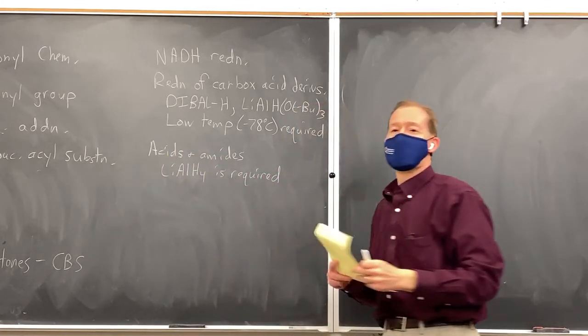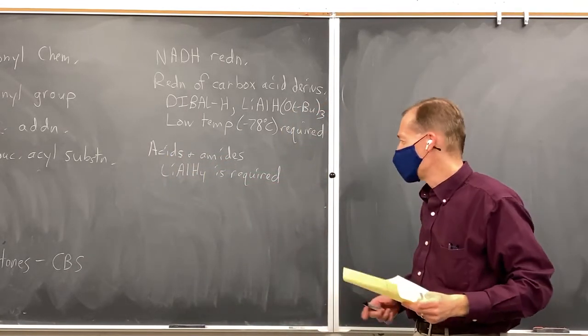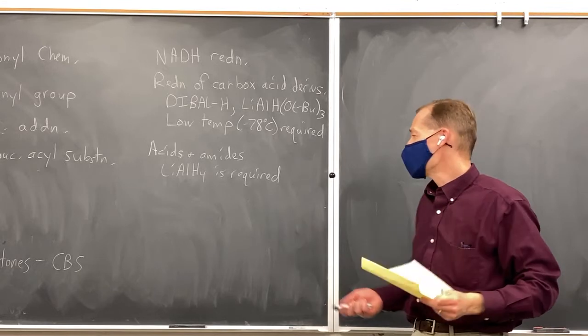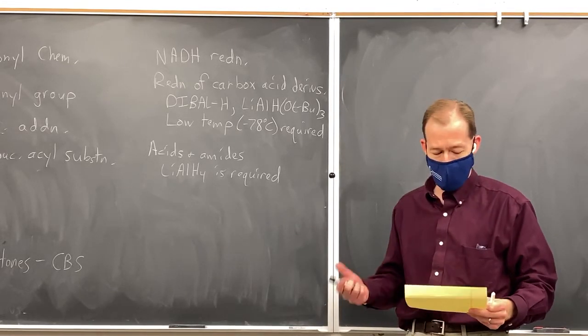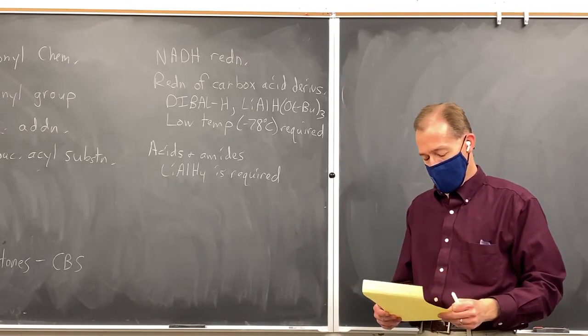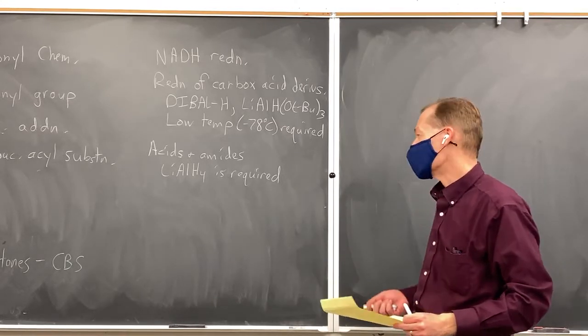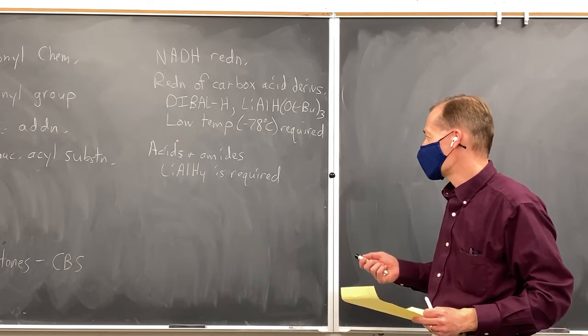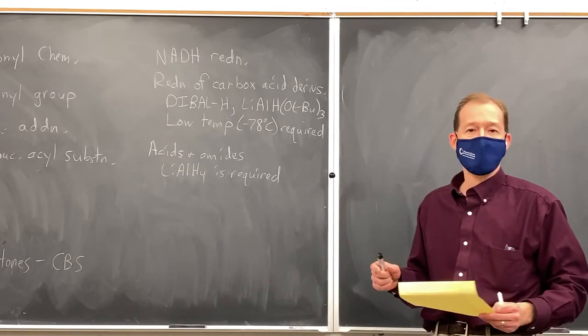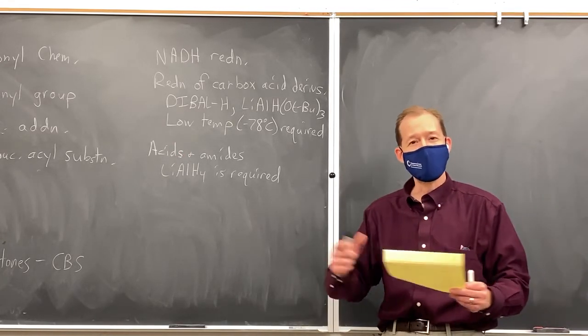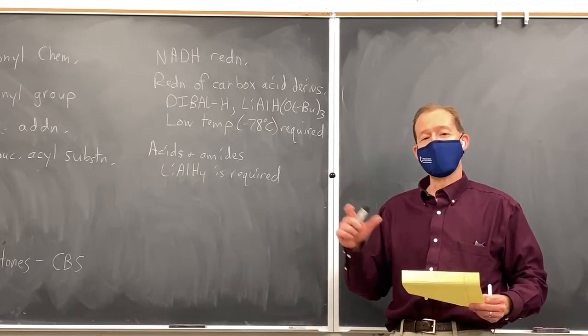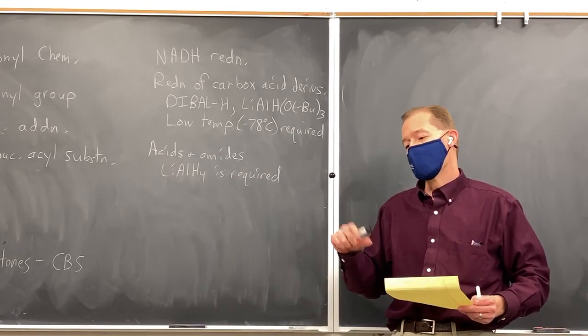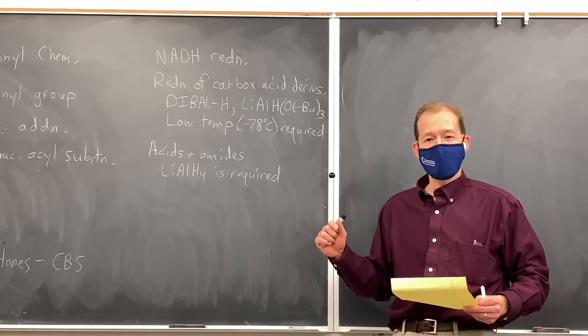Carboxylic acids and amides have an OH and an NH respectively that is deprotonated by the lithium aluminum hydride in an acid-base step. And then the mechanism proceeds from there. So you should be able to draw the mechanisms of reductions of acids and amides. We drew it in class. There's kind of a funky leaving group. It has a dianion, a negative charge on an oxygen, and a negative charge on an aluminum.